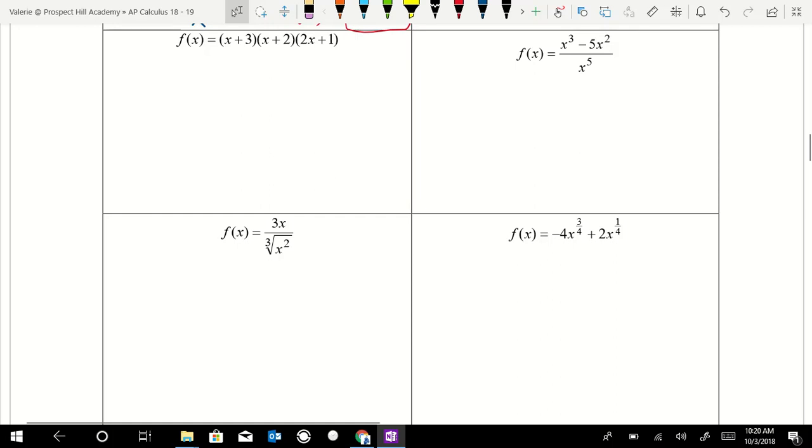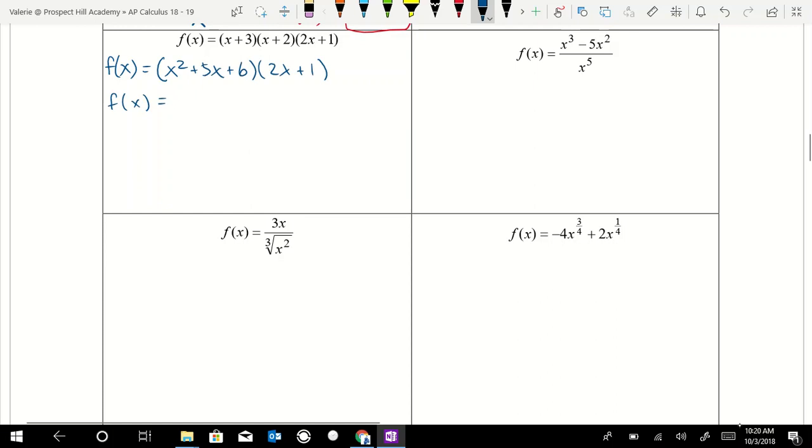So we're actually going to multiply all of these terms out so that we can get it all in polynomial form. So we get x squared plus 5x plus 6 times 2x plus 1.